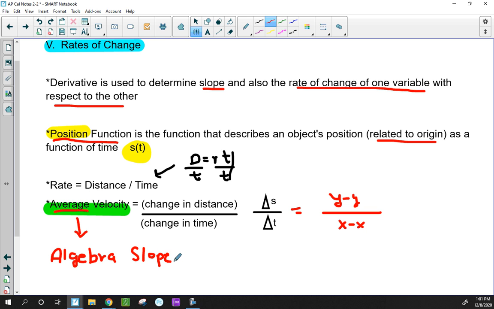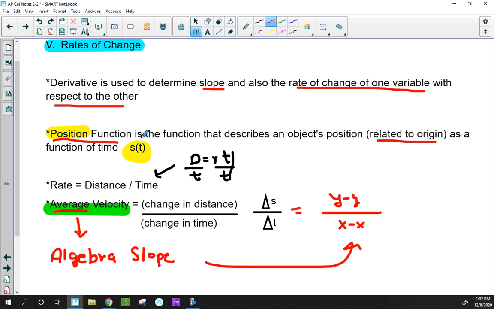Okay, and so you're going to get to use what I said a second ago, which is the slope formula that you're used to. Again, derivative means slope. Rate of change is another way to say slope. When you see or hear me say the words position function, the textbook often uses s of t to describe that. The position is related to the origin, remember, as a function of time.